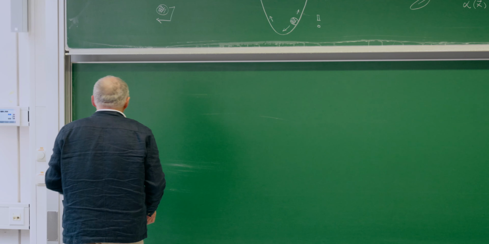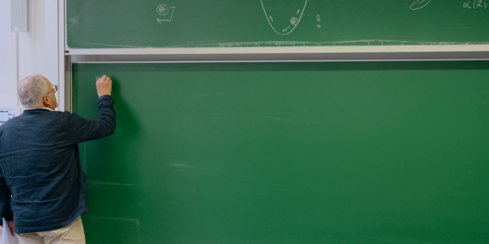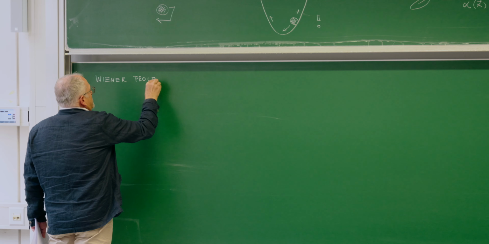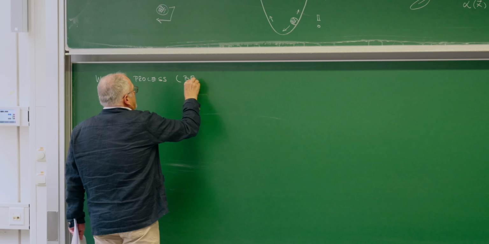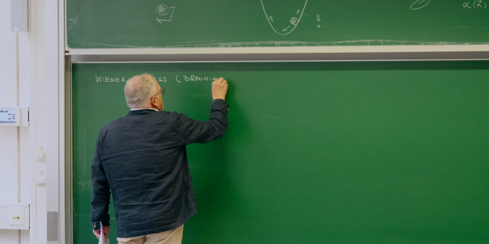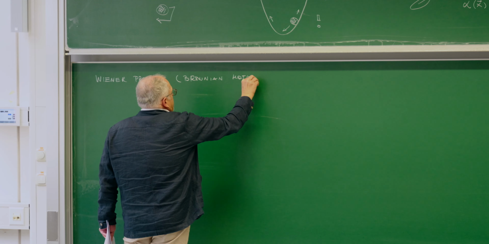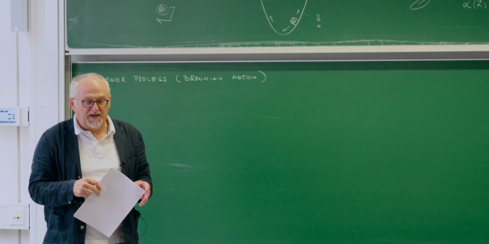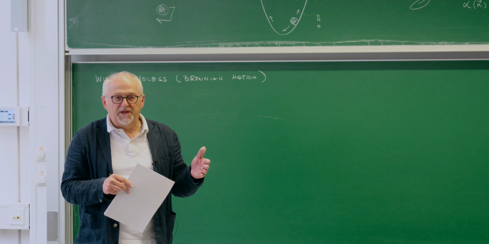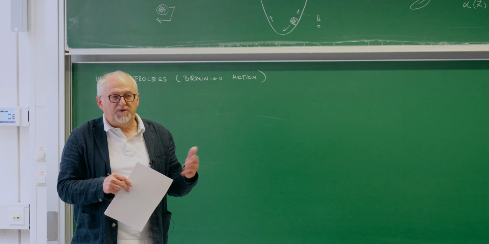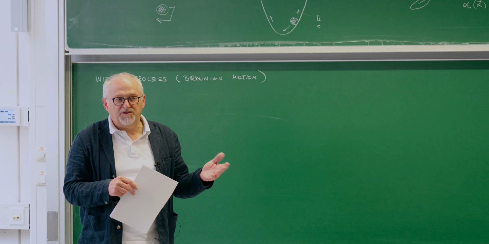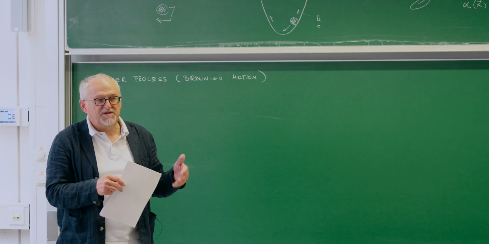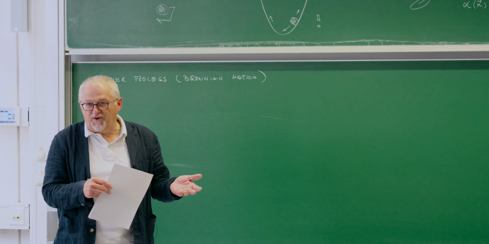Let's start with the simplest case, which is Brownian motion or the Wiener process. It's just different names. One is used more often in mathematics, the other in physics. There are various ways now to start the analysis. One is, and that's the one I take, to say I know the probability distribution P of x, t conditioned on some initial condition, and then given that, I calculate the moments, the first, the second, the third moment, and I derive the Fokker-Planck equation.